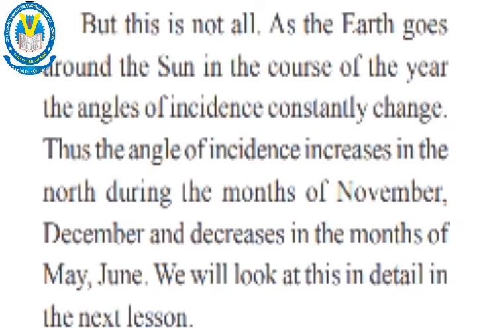So, when the Earth is moving around the Sun, in the course of this moving, the angles of incidence constantly change. It would be more during December and November, and the same angle of incidence would be decreasing, or it will be less and weak, in the months of May and June.